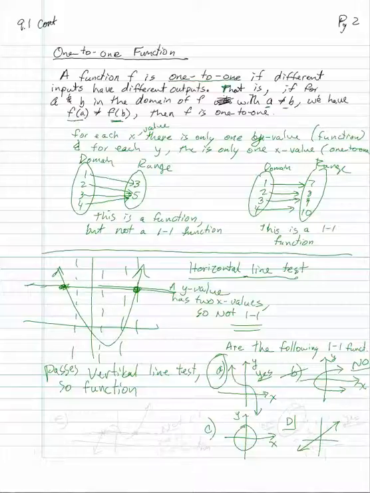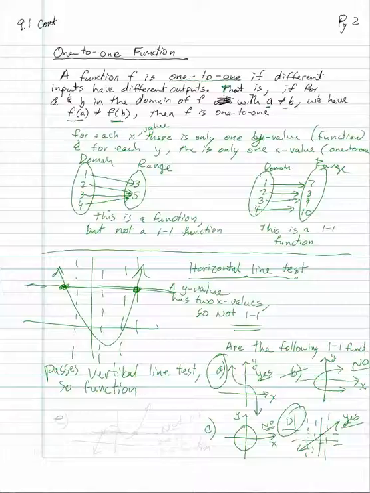It passes the horizontal line test, but it has to pass both, remember? C is neither one, so this is definitely not. And then the last one passes both, right? Vertical line test, fine, so it's a function. Horizontal line test, yep. So yes. So A and D are one-to-one functions. And B and C are not functions at all.